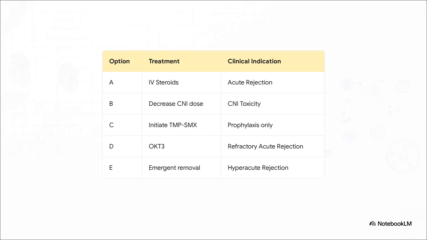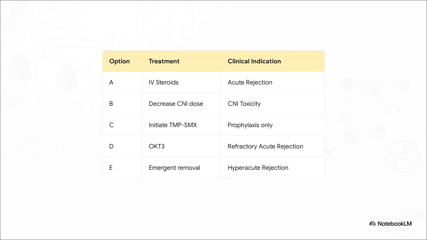And this matrix perfectly breaks down the exact pharmacological adjustments demanded by actual exam conditions. The prompt strictly demands the interpretation of a renal biopsy. If the biopsy shows endotheliitis and dense mononuclear infiltration, well, you have acute rejection. In option A, IV steroids is your immediate mandated step. However, if the biopsy shows isometric tubular vacuolization and no significant infiltrate, you're looking at CNI toxicity driving afferent vasoconstriction.